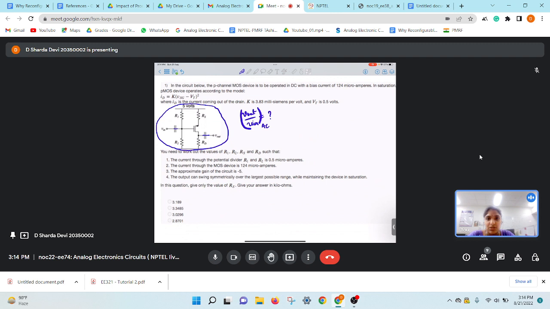Abhishek, maybe you can solve this question, the first question. You have to find the value of RS.